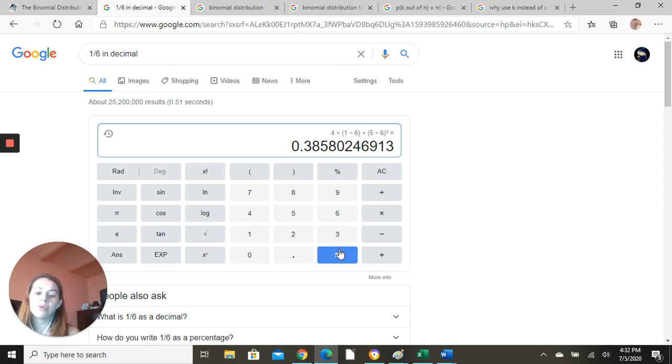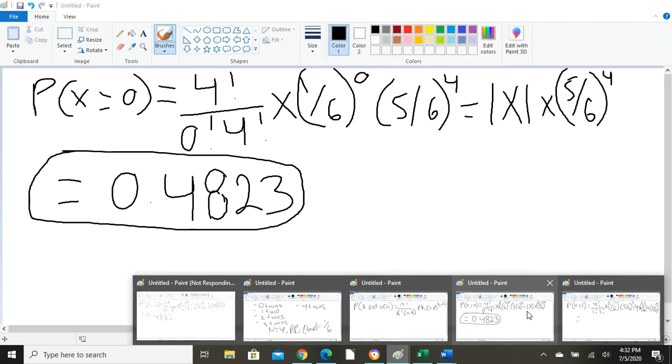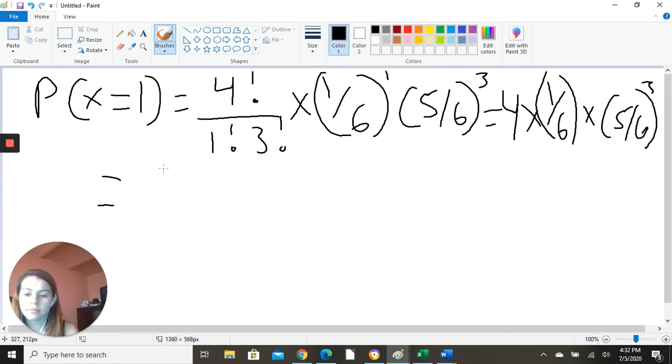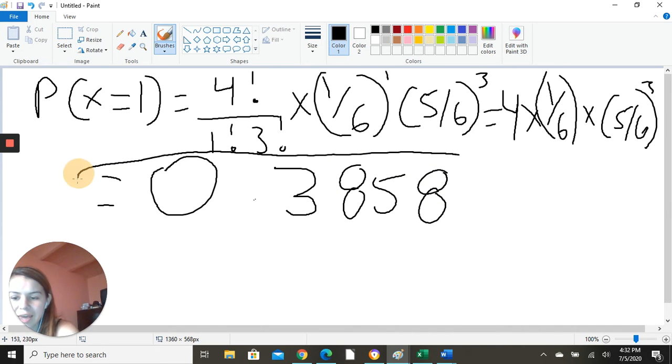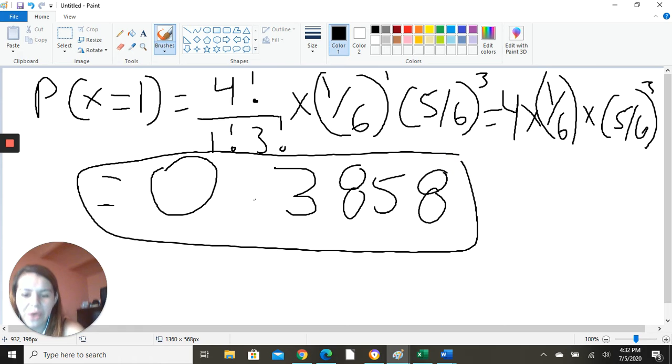We get 0.3858. So that's our second probability. We're getting closer to finishing.